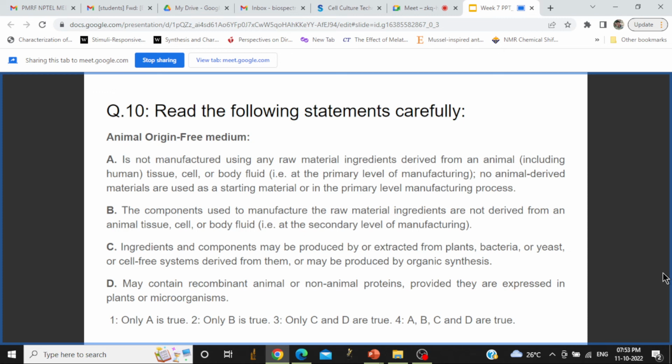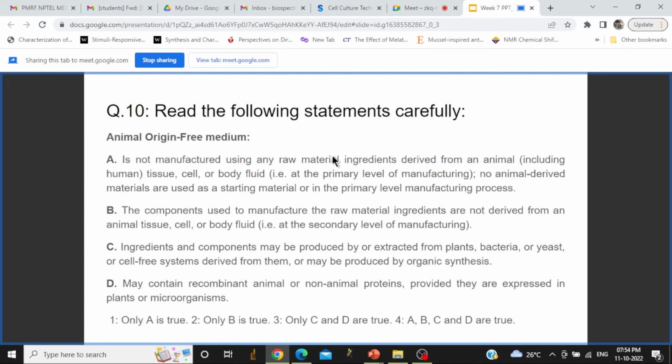So these statements are related to animal origin free media. So here all of these statements are correct. So the answer is 4, A, B, C, D. So all of these statements are correct for this animal origin free medium.